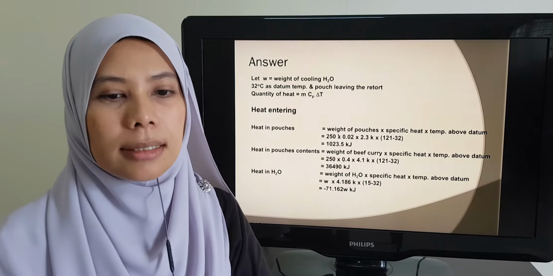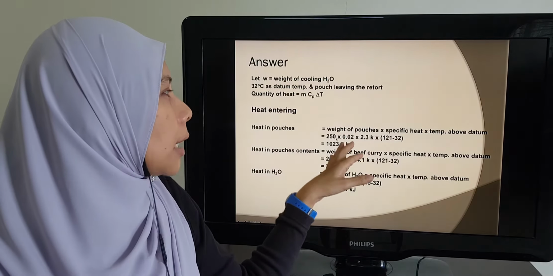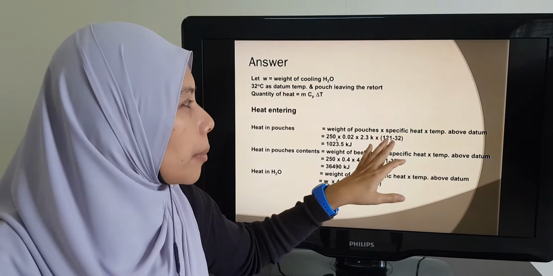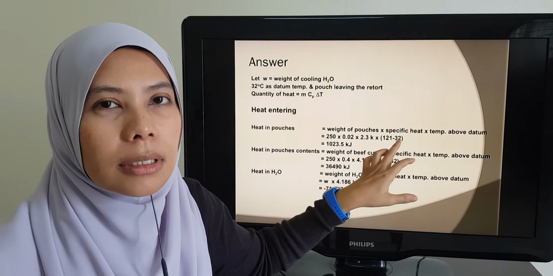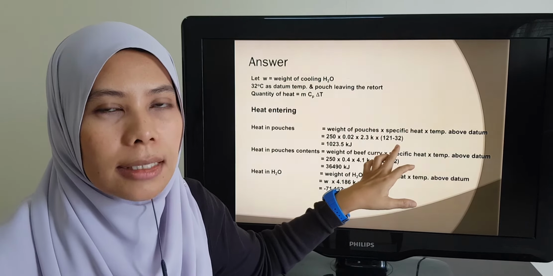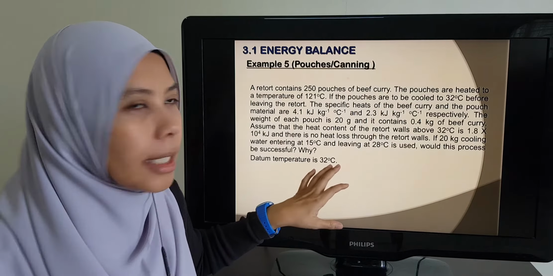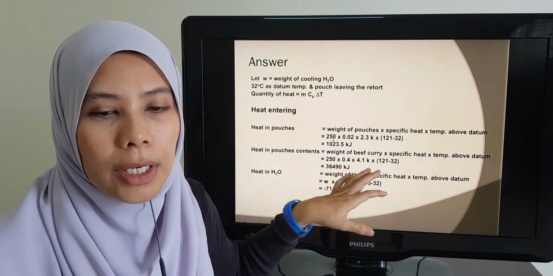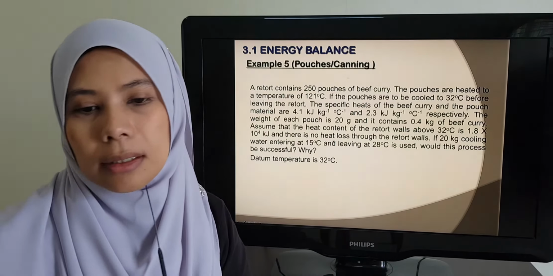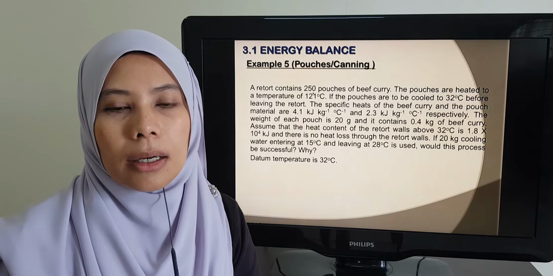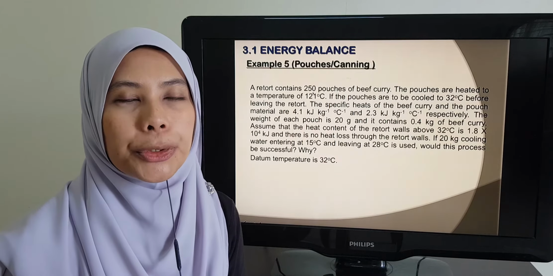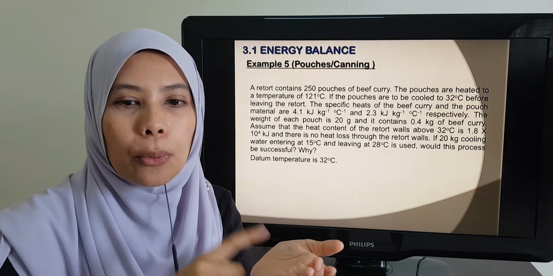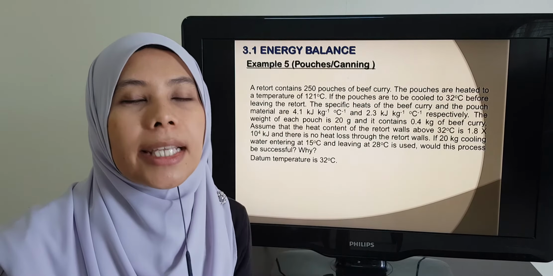So, heat in pouches, MCp delta T. This one is 121 minus 32. 32 is the reference temperature. Do not take it as 0 because it has already been given here. Datum temperature is 32 degrees Celsius. Weight of pouches: we have 250 pouches in a retort, and the weight of each pouch is 20 gram.